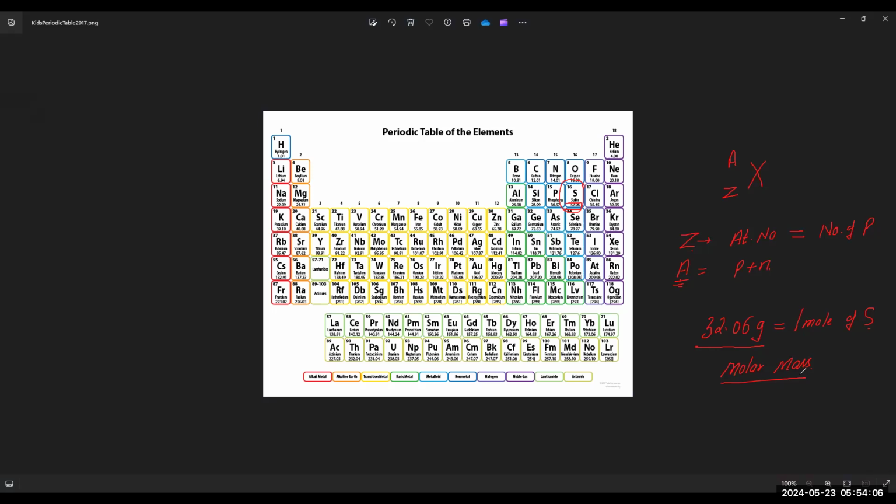Akash is telling us something else also. He's saying 32.06 gram is 1 mole of sulfur, which means the number of atoms is 6.022 times 10 raised to power 23. We are good with this?